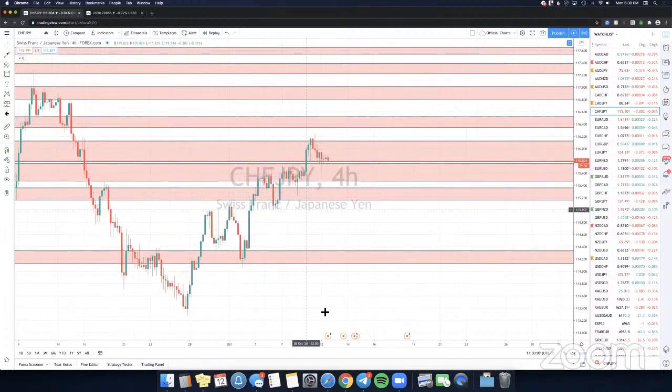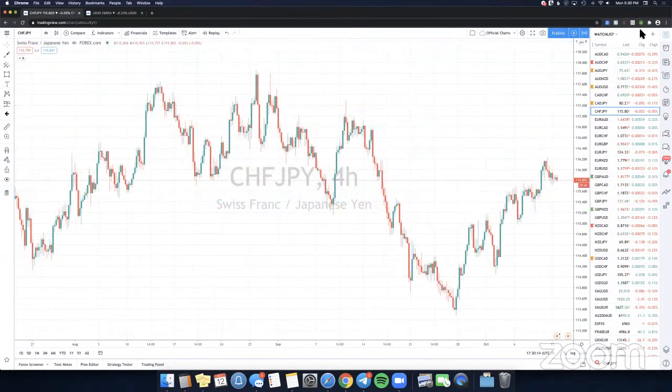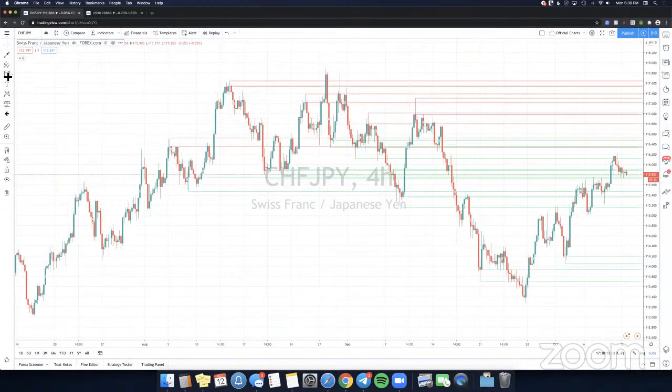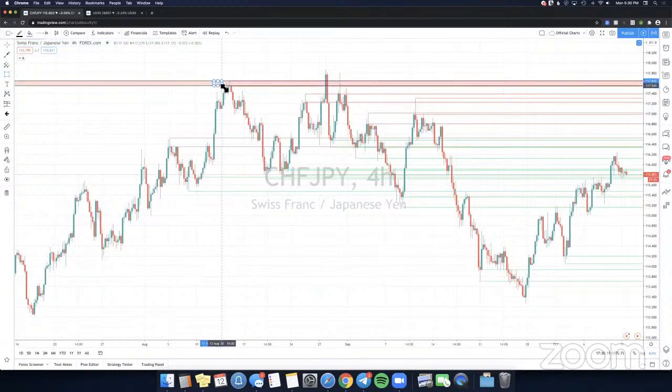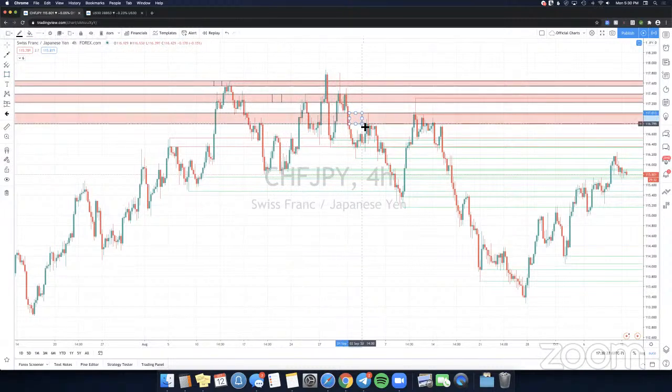Let's draw these zones here. Delete that. I'm going to turn on the K2SR indicator. All right, let's draw these zones. Yeah, sure, Angel. I'll take a look at SPX as well.